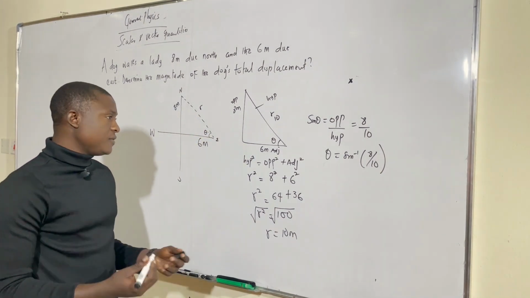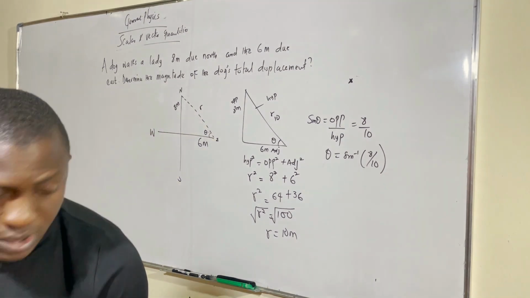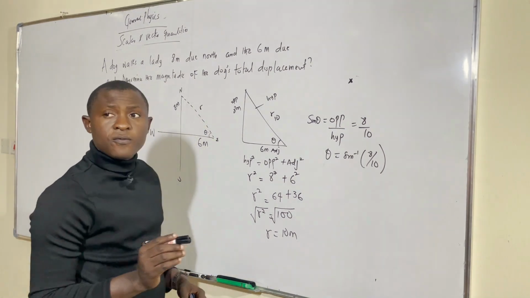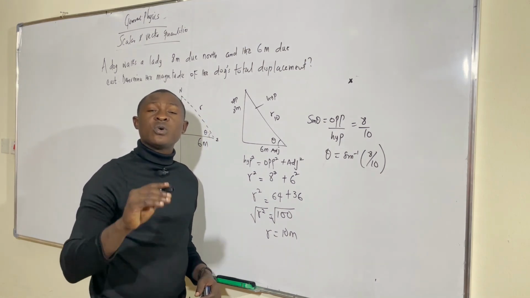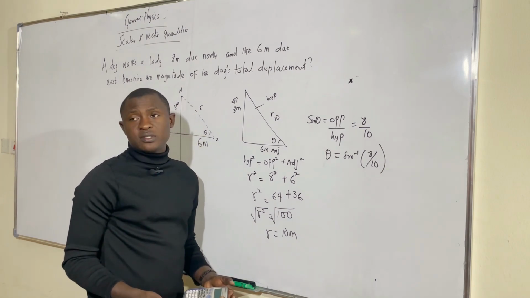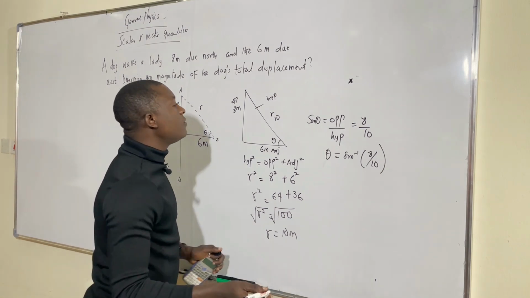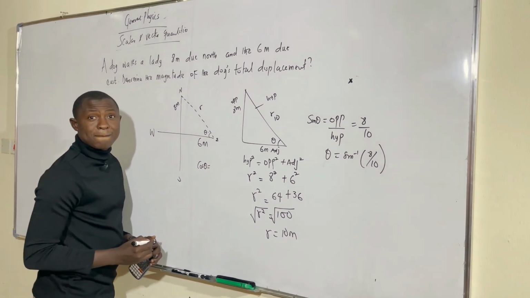So let me just find this one so that you can compare the result of what you have. Please don't forget about this. You can use either sine or cos or tan. I just make use of sine to save our time. If you like, you can use cos. If you like, you can use tan. What is the formula for cos? Do you remember SOHCAHTOA?